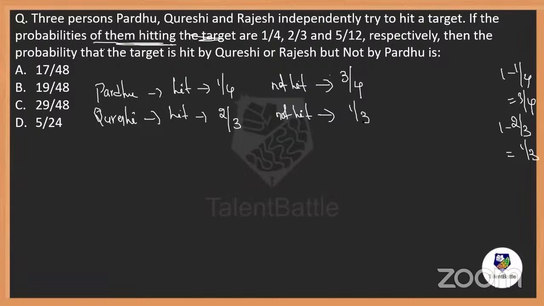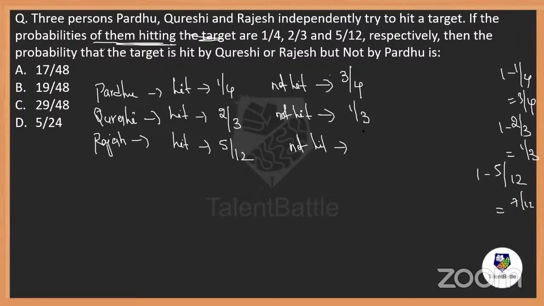Similarly, Rajesh hitting the target is 5 by 12, so not hitting is 1 minus 5 by 12, which is 7 by 12.